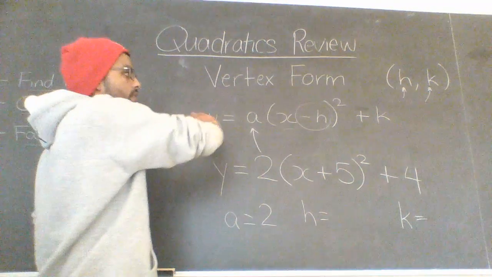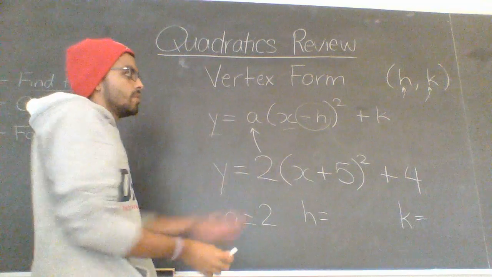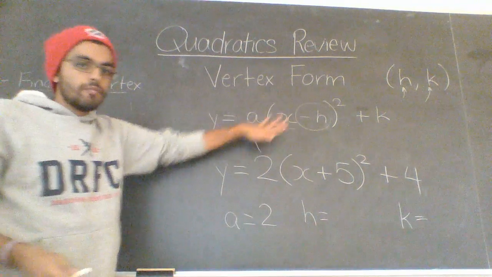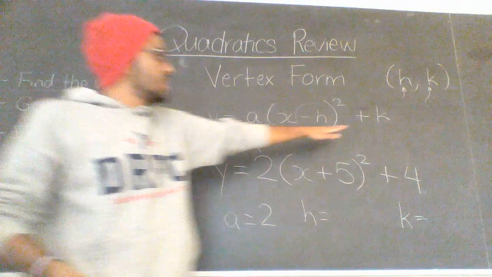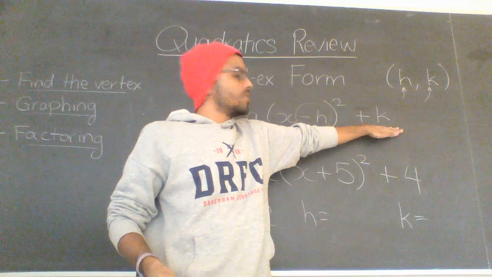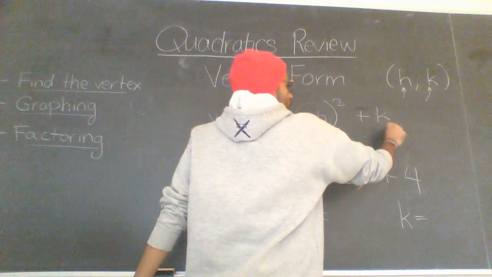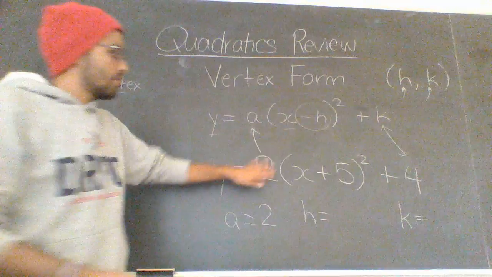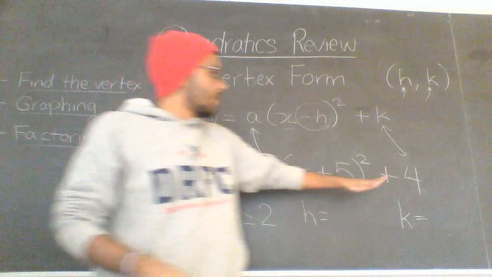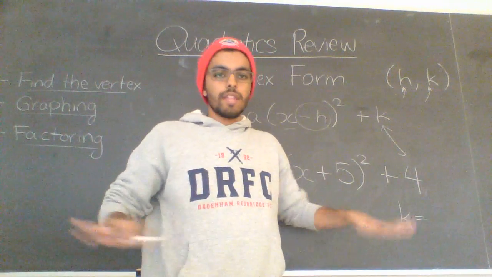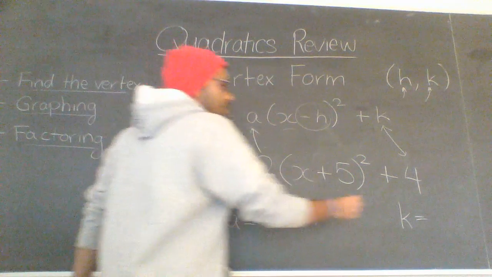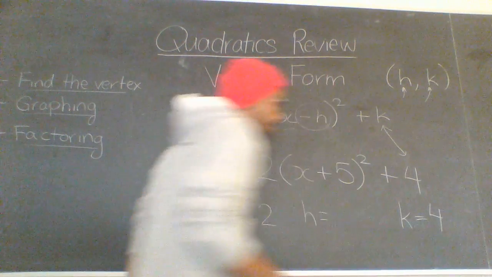All right, so if you look up at the original form, you can see there's all this stuff beforehand, and then there's this easy bit at the end, plus some number. And that number is the k value. So here, in our question, we've got all this stuff going on at the front, and then we've got plus 4. That's it. So that means our k value is 4.